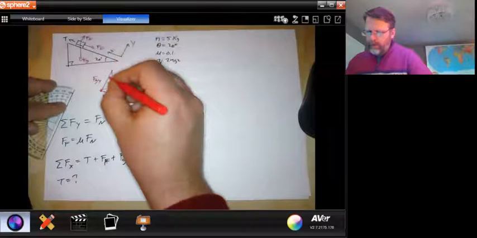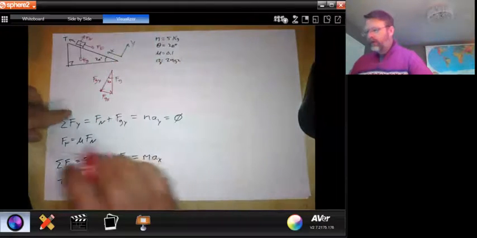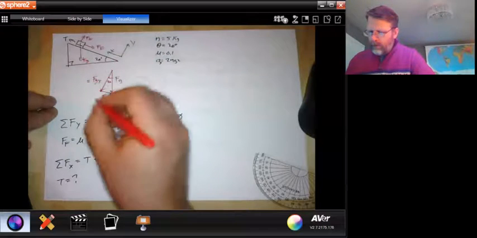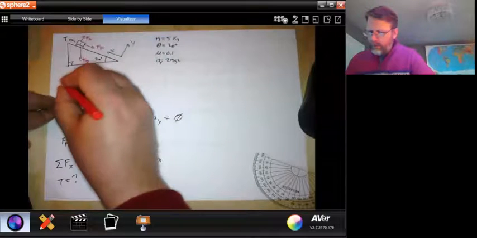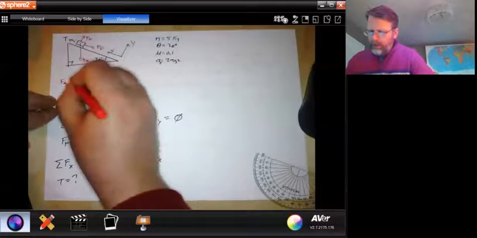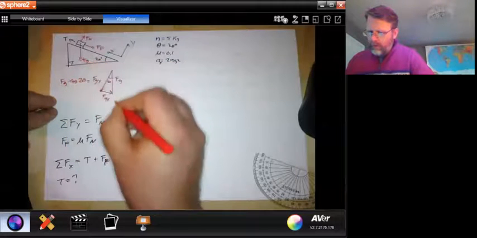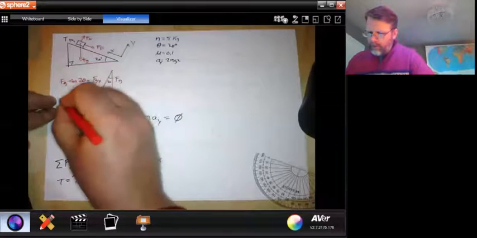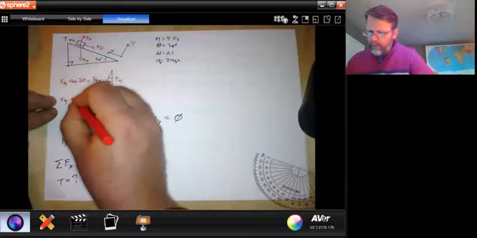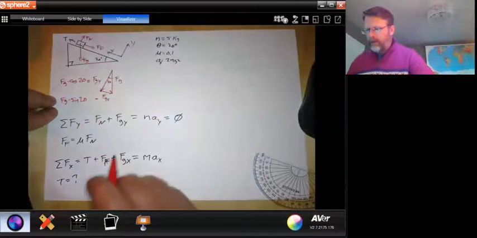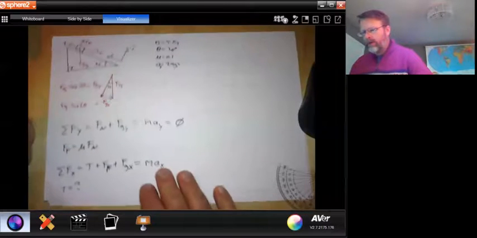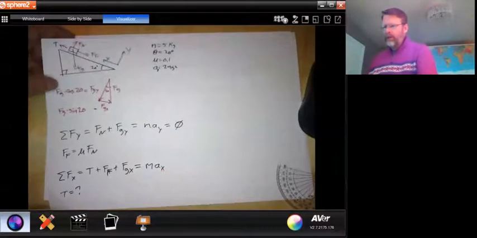Remember, if that's 20 degrees, this is also 20 degrees. So we can say this is the force of gravity times, we're adjacent here, cosine of 20, and this is going to equal the force of gravity times, we're opposite of that angle, sine of 20. Now we can start doing some of these calculations.